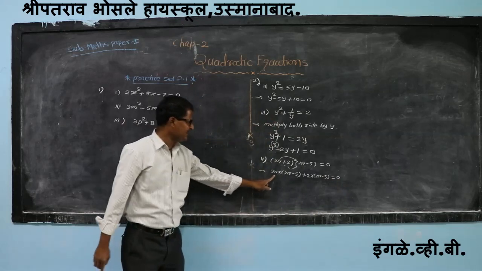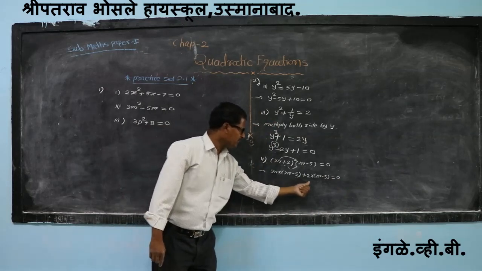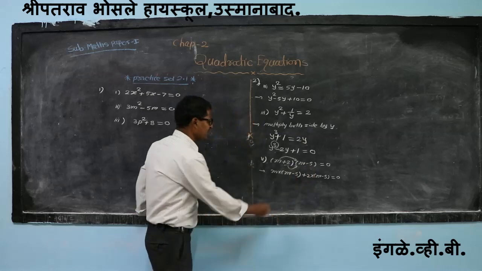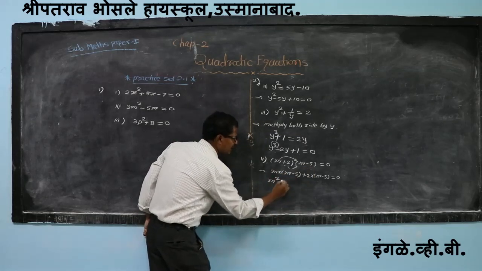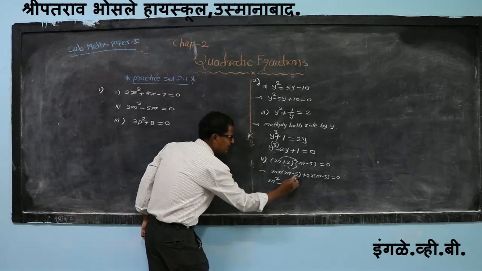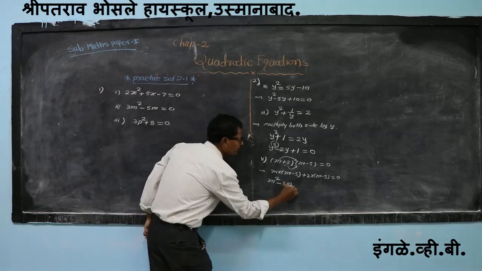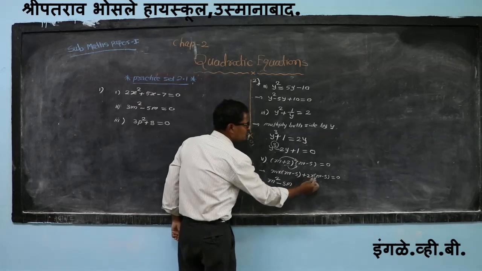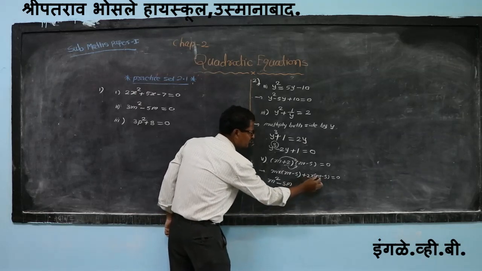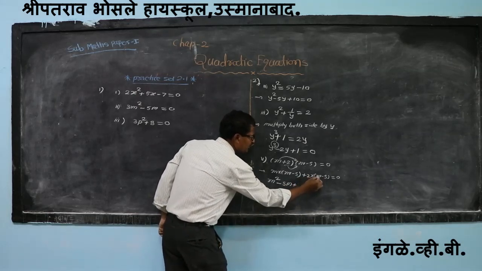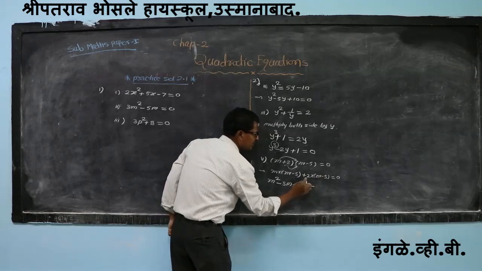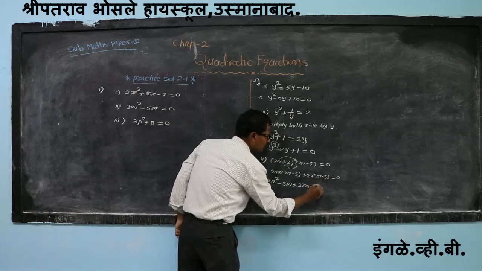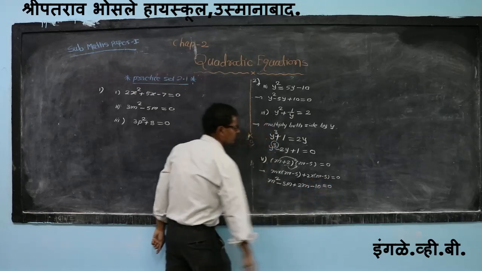Now multiply m to this bracket, and multiply plus 2 to the second bracket. So m multiplied by m is m square, minus m multiplied by 5 is minus 5m. Then plus 2 multiplied by m is 2m, plus 2 multiplied by minus 5 is minus 10, is equal to 0.